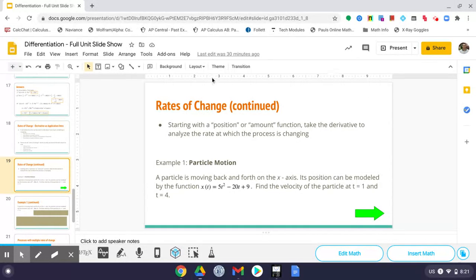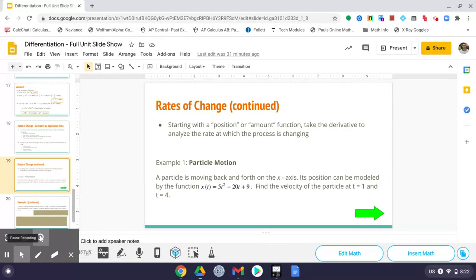And we want to take the derivative of all of those functions, and then we can analyze the rate at which that process or the particle motion is changing. So basically, we will always start with some type of amount or position function. And at least for this first half of the year, we will take the derivative of that function, usually plug in some type of time value, and analyze what that computation gives us.